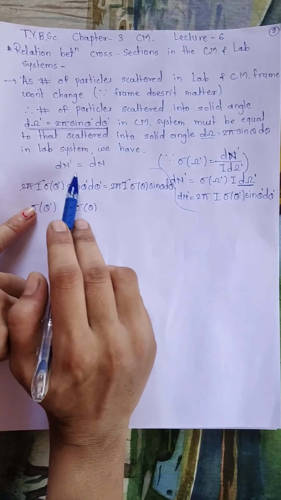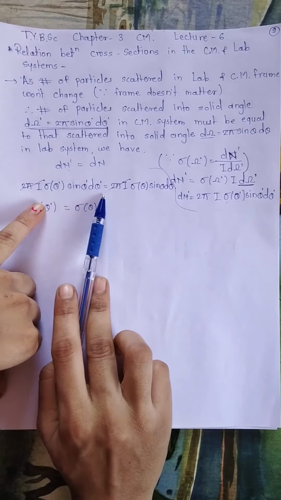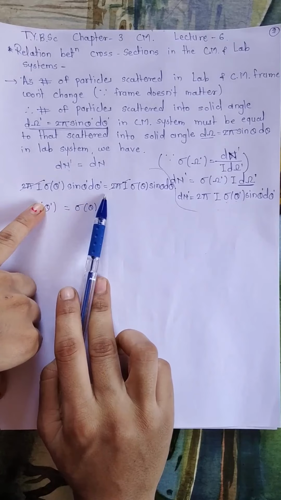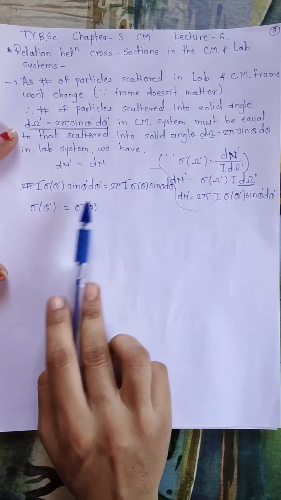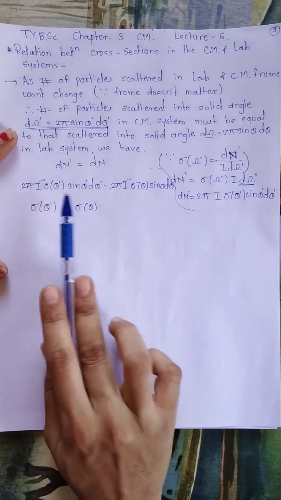So for those corresponding frames, we have substituted the value of the number of particles scattered, and here we cancel the common terms, which is 2 pi I on both sides.